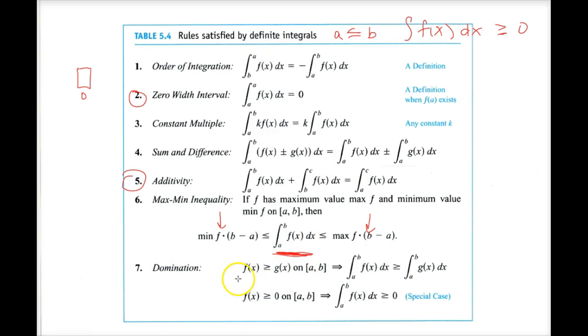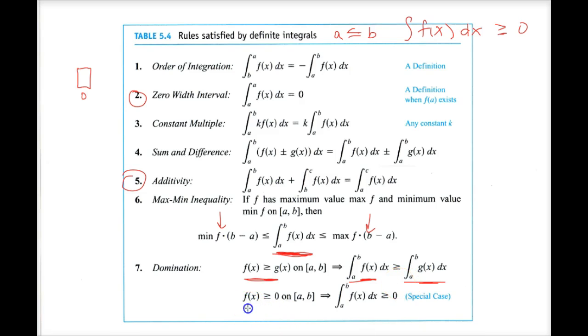And of course, the last property says that if my function f of x either lies above or intersects g of x somewhere on this closed interval here, then we know that the area under the curve for f of x is going to be interpreted as being larger than or at least equal to g of x on that closed interval. Okay?